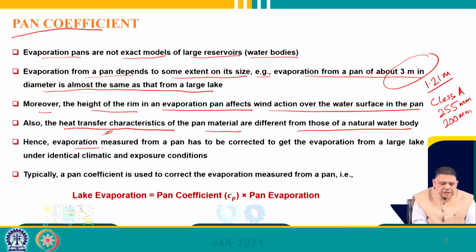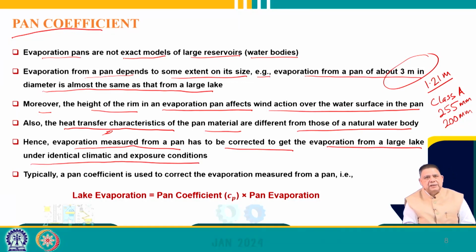Hence, evaporation measured from a pan has to be corrected to get the evaporation from a large lake under identical climatic and exposure conditions. What it means is that typically pan evaporation, or the evaporation measured from an evaporimeter, is slightly higher than what we get from a typical large water body.